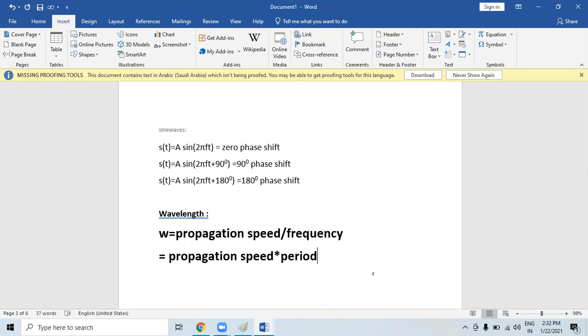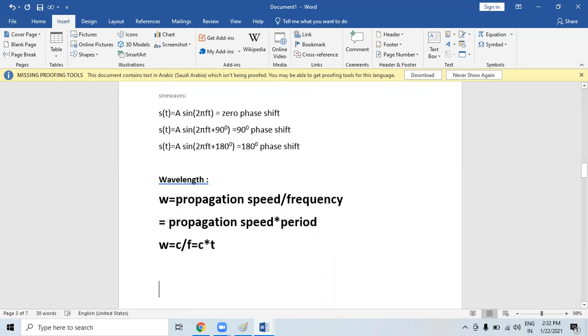That is, wavelength lambda equals C upon F, which is equal to C into time. So this is about wavelength.